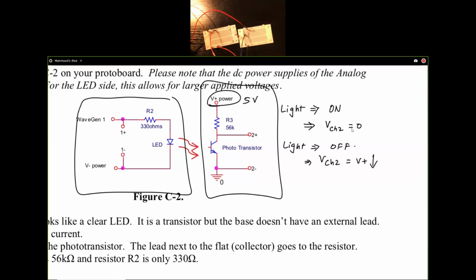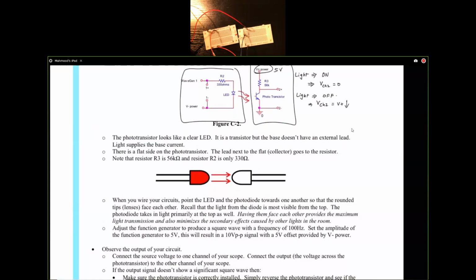A square wave with a frequency of 100 hertz. V minus and V plus are supposed to be both 5 and negative 5.